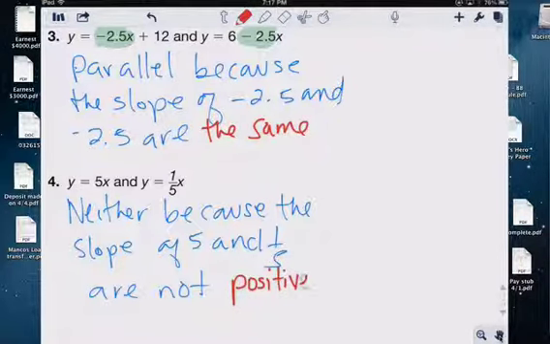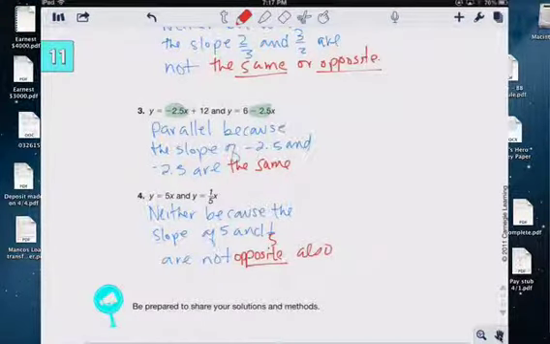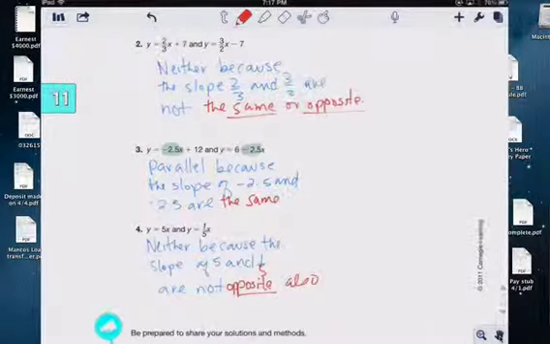Also, they're reciprocal, but they also need to be opposite. Anyways, you guys know what I mean. They need to be both opposite and reciprocal to be perpendicular.